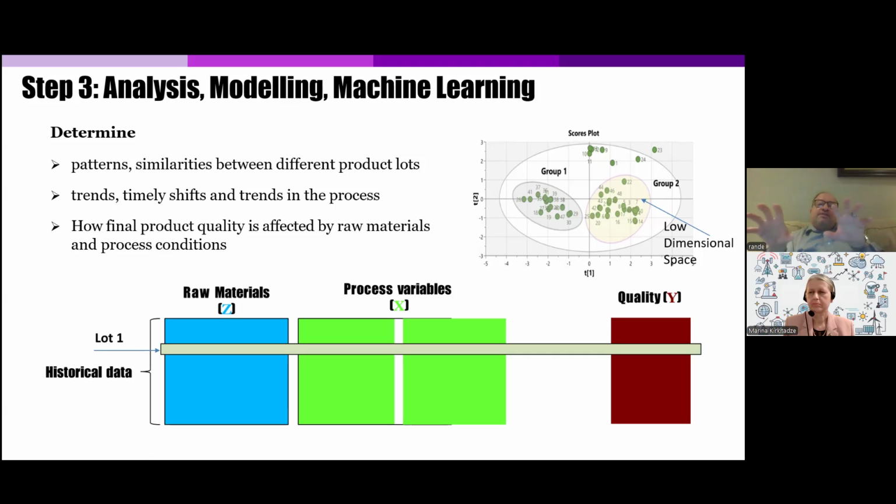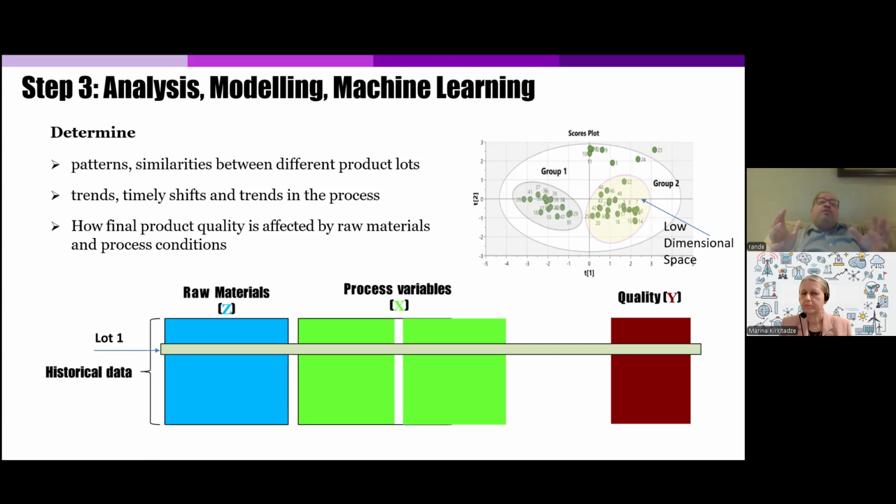Now, by looking at the raw data of thousands and thousands of variables, you will not be able to understand this. You will spend lots of time and manual effort looking at thousands of charts representing thousands of measurements, and it's impossible to figure out that particular difference between different lots by analyzing the historical data.